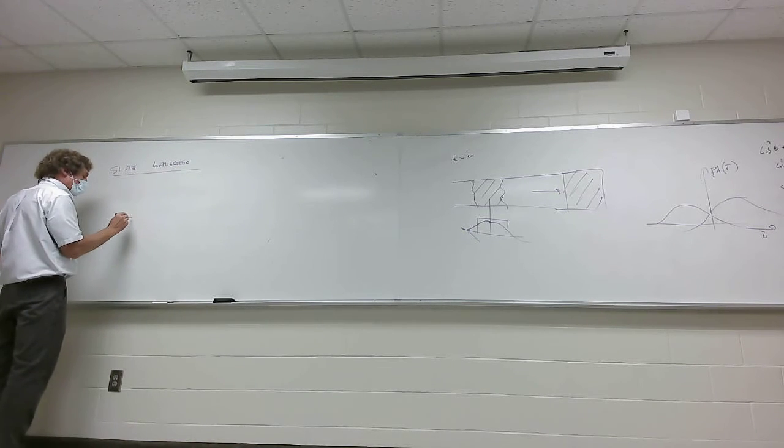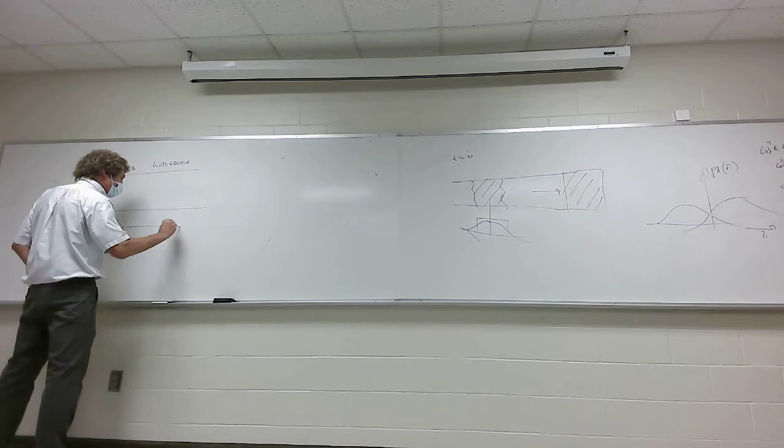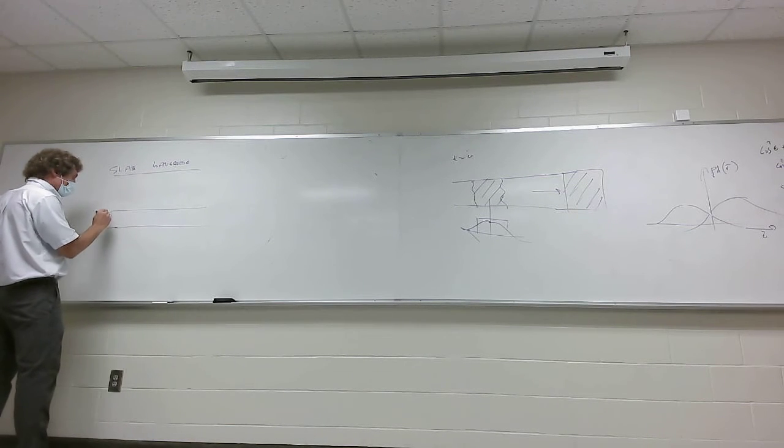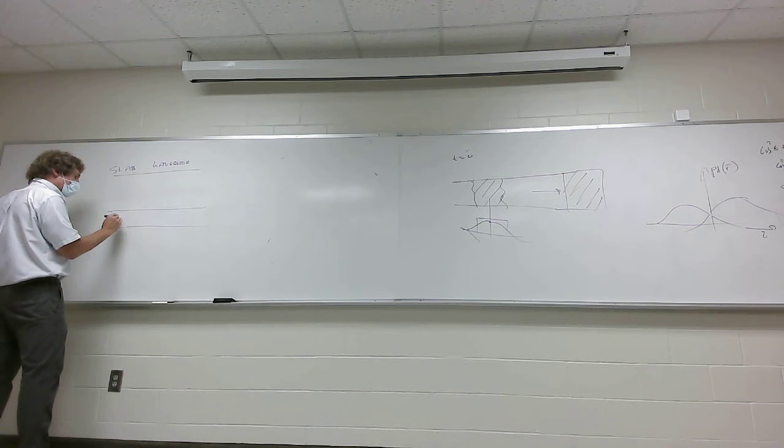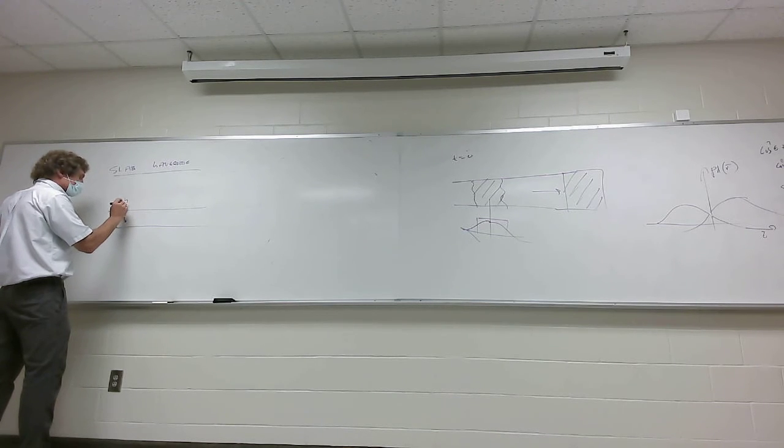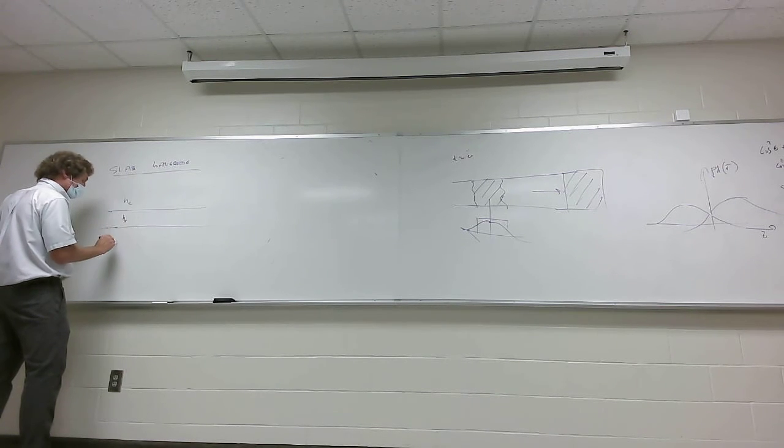For a slab waveguide, he just says, let's assume we have an infinitely long slab with some index of refraction, and there's some index of refraction around it, and you can call this the cladding, but it doesn't matter.